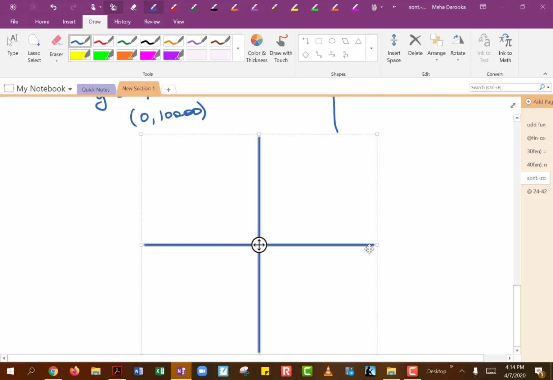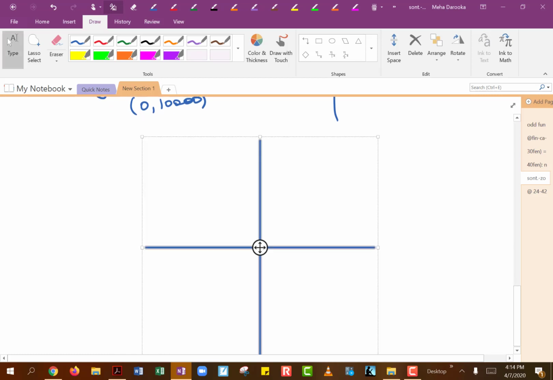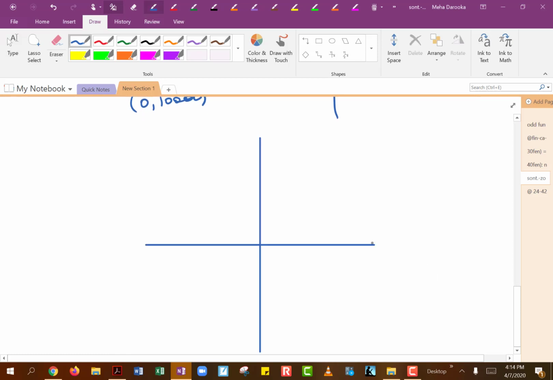Okay, let's do this. Our x and y. So we're going to have to change the scale on our graph a little bit. So I'm actually going to do positive 10 here, and negative 10 here, and then negative 10 here, and positive 10 over here.